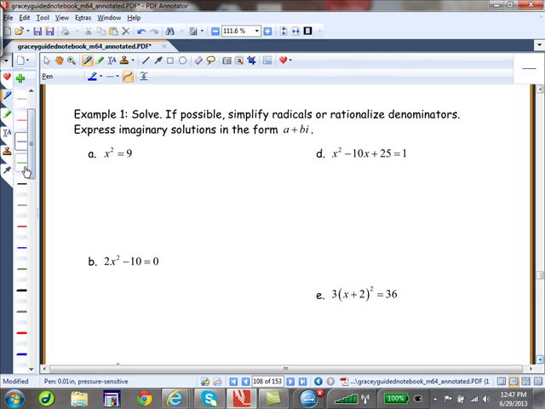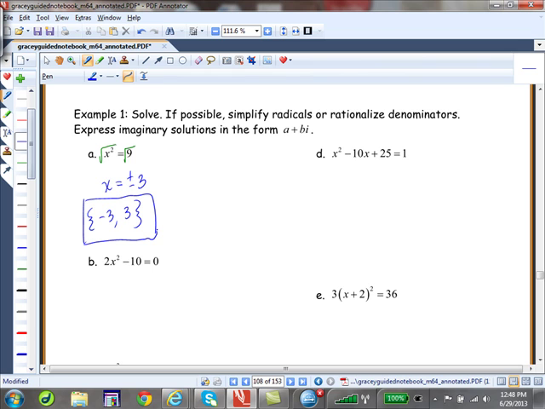Applying the square root property, x can be plus or minus 3. So we would write our solution set as negative 3 or positive 3. And if you check that solution, you'll see that they both work.